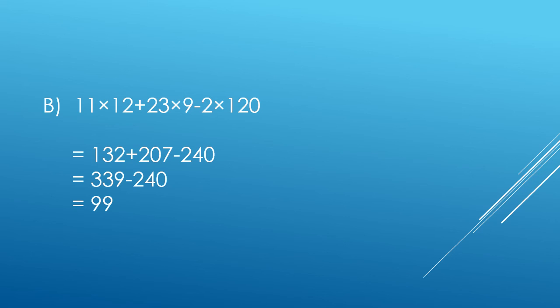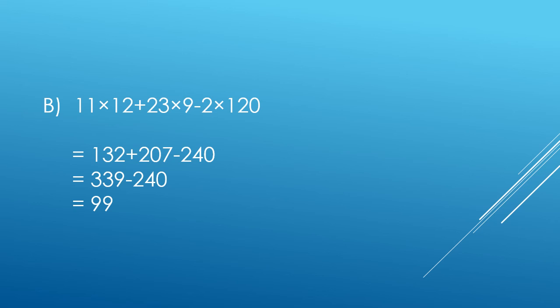So 11 multiplied by 12 is 132. When you multiply 11 and 12, you get 132. Next, we have to copy the plus. You have to multiply 23 and 9.